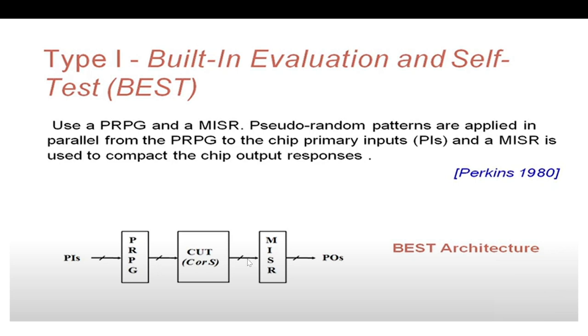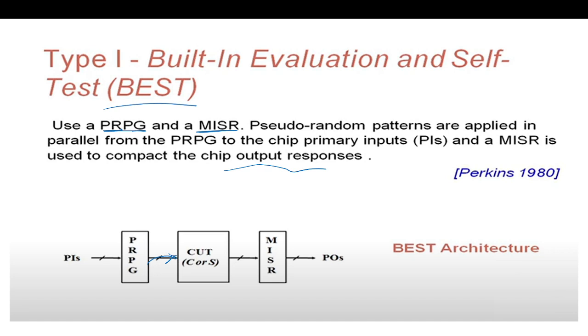Built-in evaluation and self-test, which is BEST for short. It uses a pseudo random pattern generator and a MISR, that is, a multiple input signature register. The pseudo random patterns are applied in parallel from this generator to the primary inputs, and the MISR is used to compact the chip output response.